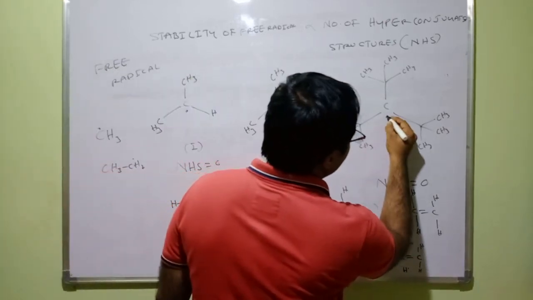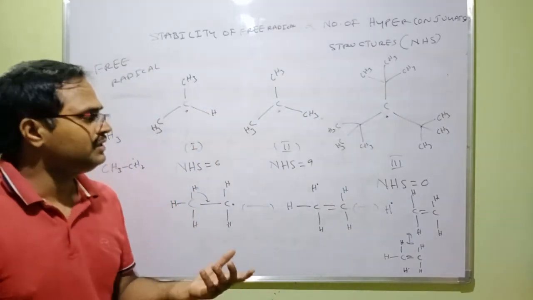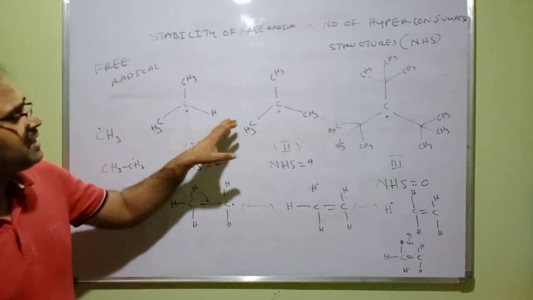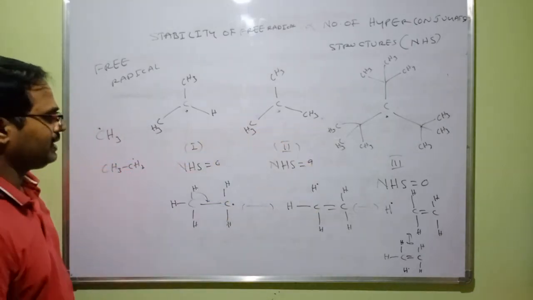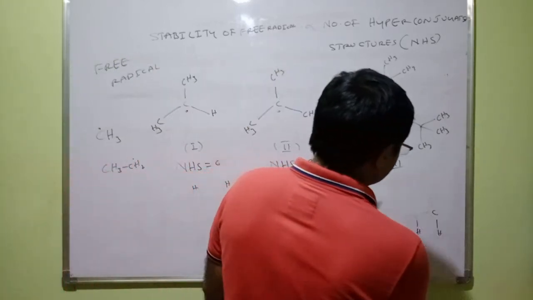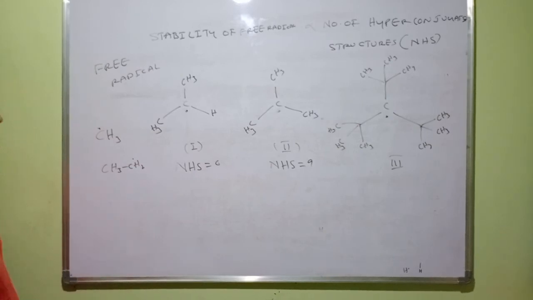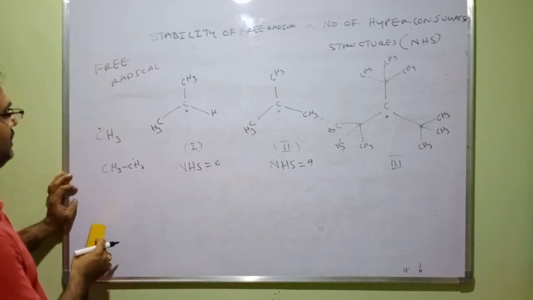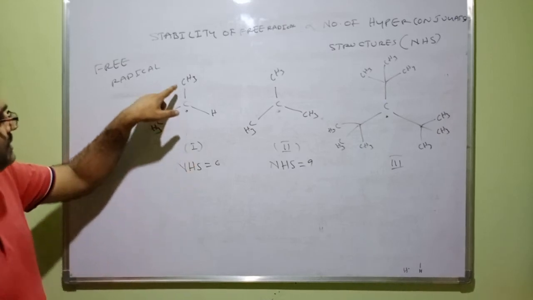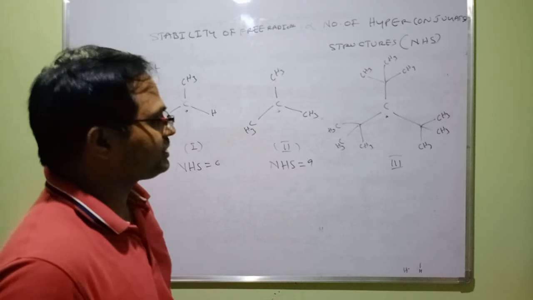The same examples which we have taken earlier, these are now radicals. I have taken three radicals. The number of hyperconjugated structures again equals the number of alpha CH bonds at the alpha carbon. Here how many? 6 hyperconjugated structures. Here 9 hyperconjugated structures.